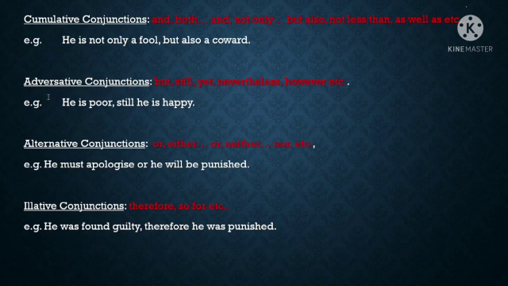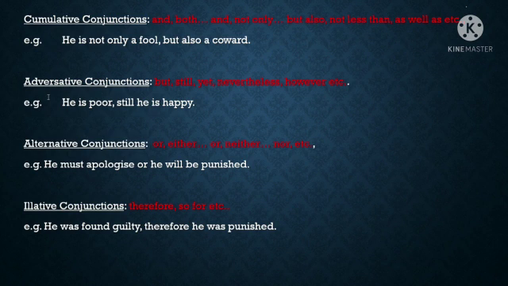See, some of the cumulative conjunctions are given here. And, both and, not only but also, not less than, as well as, etc. See the example. He is not only a fool, comma, but also a coward. So what is the meaning of this sentence?